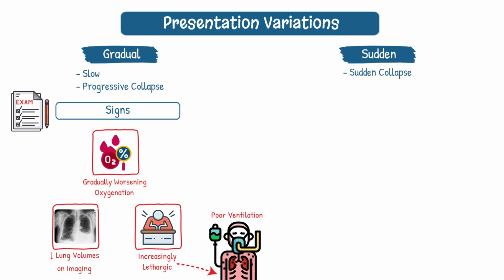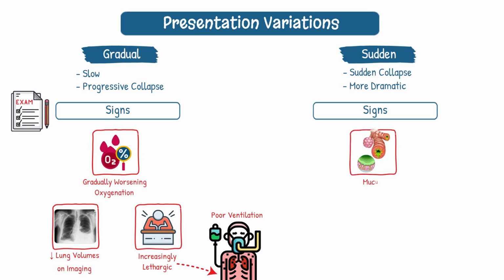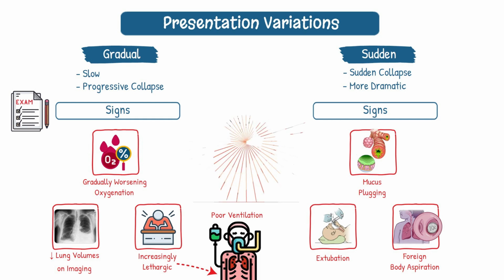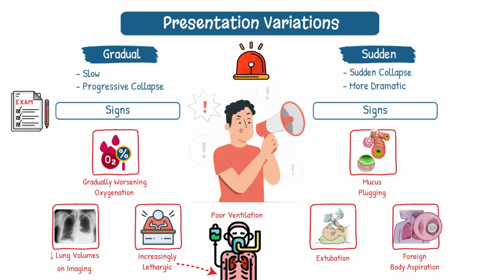Sudden collapse, on the other hand, may be more dramatic and linked to events like mucus plugging, extubation, or even foreign body aspiration. Your response should match the urgency of the presentation. Acting promptly in urgent scenarios is crucial for respiratory therapists throughout their careers, as well as during scenarios presented in the exam questions.